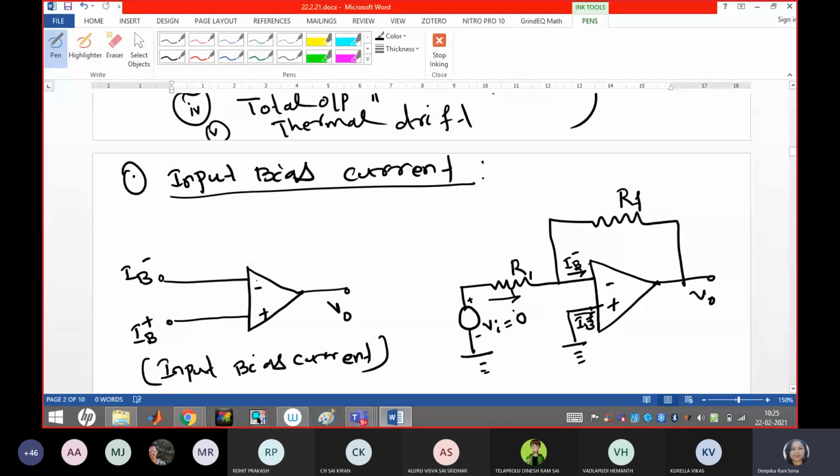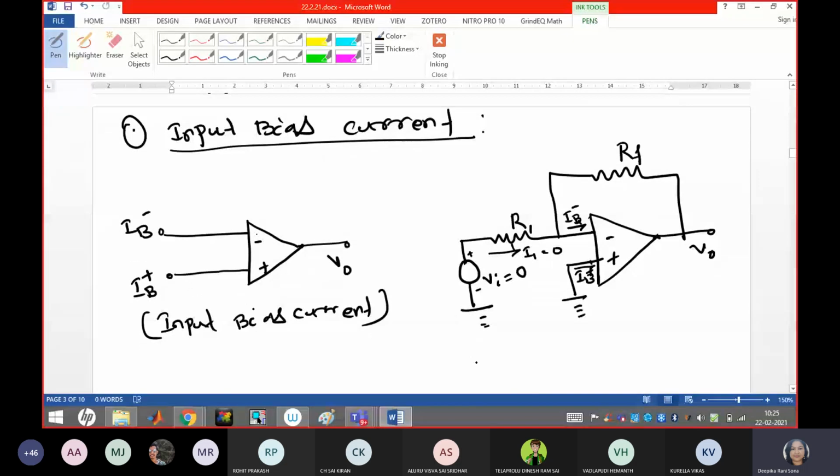Here if I represent I1 below R1, it is equal to 0. So you write down, this is the inverting amplifier with bias current. The second figure, inverting amplifier with bias current.